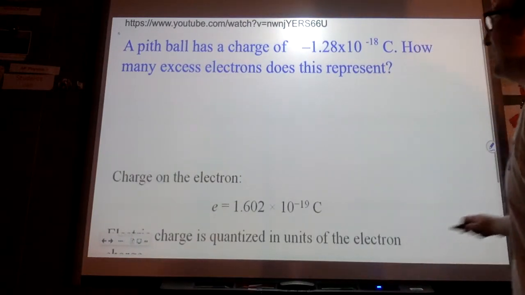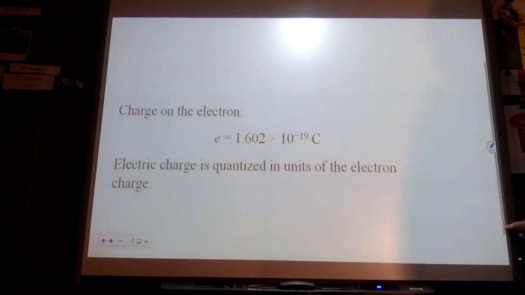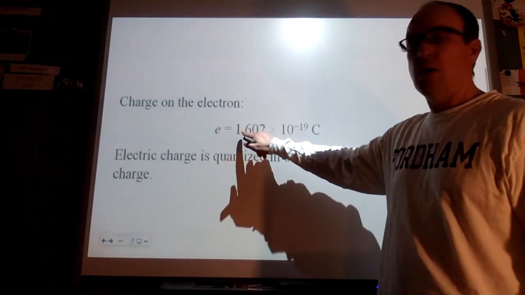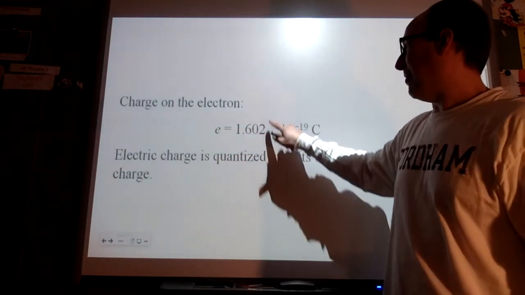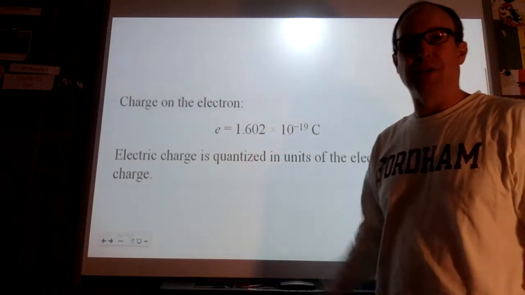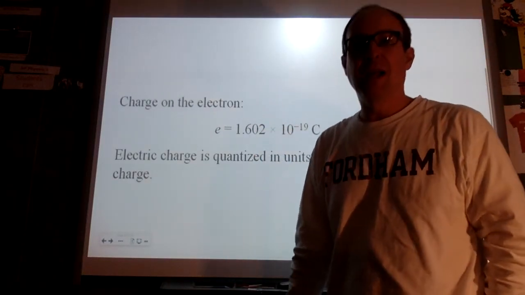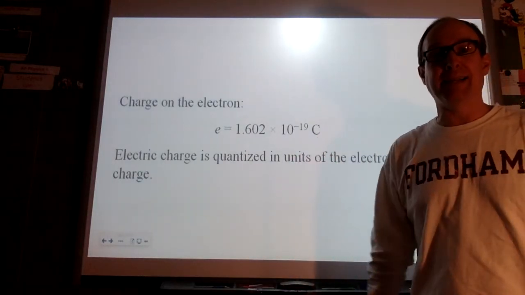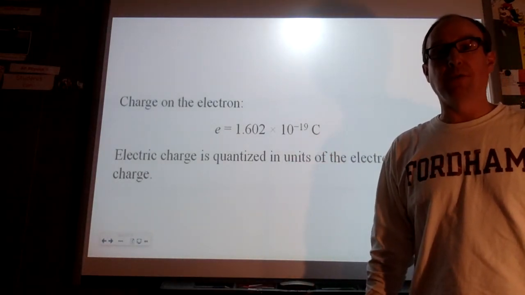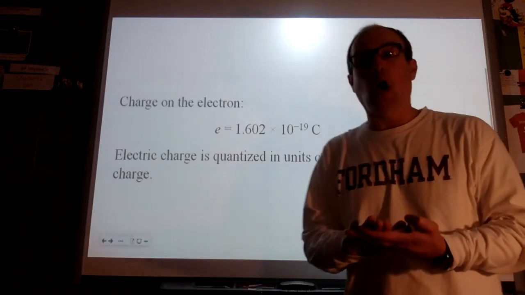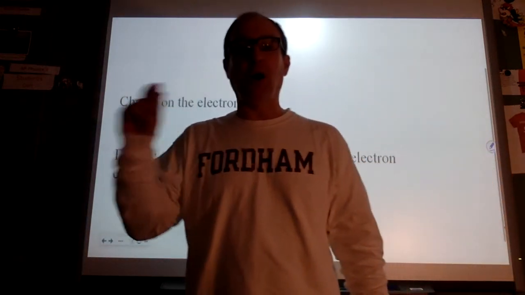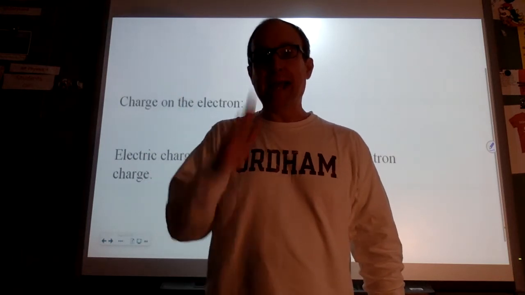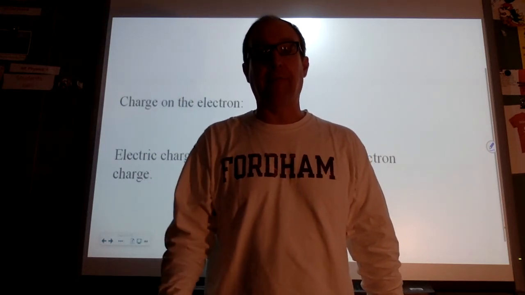And so the idea is that an electron or a proton, and very often we cut off this last 0.2 on the 1.6, has a charge magnitude of 1.6 times 10 to the negative 19th coulombs. And that is what all charge is made of. So all charge is going to be made of increments of that amount. So you can't have half an electron, you can't have half a proton.